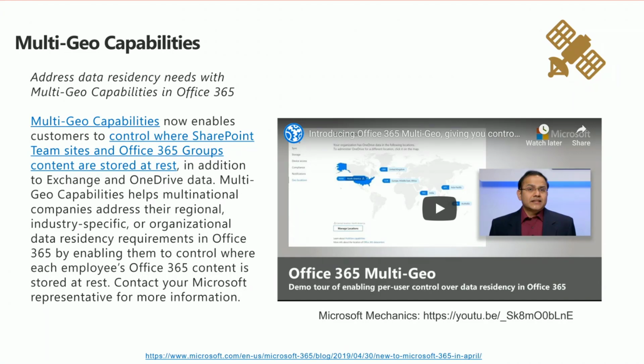Isn't that what that says? Yes, and OneDrive. So you can set it up to have data centers in multiple geographies and have everybody's data be local to them. This is very important for those that have any concerns around GDPR and probably some other standards as well.